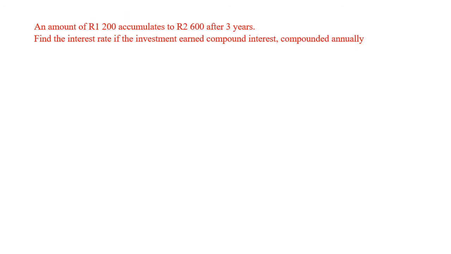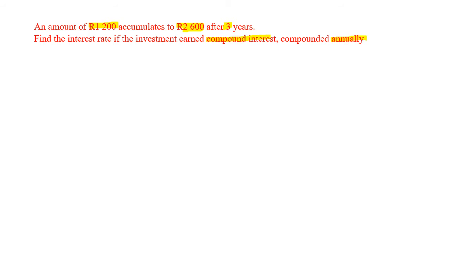Example number 2. An amount of 1,200 Rand accumulates to 2,600 Rand after 3 years. Find the interest rate if the investment earned compound interest compounded annually. Annually means yearly.